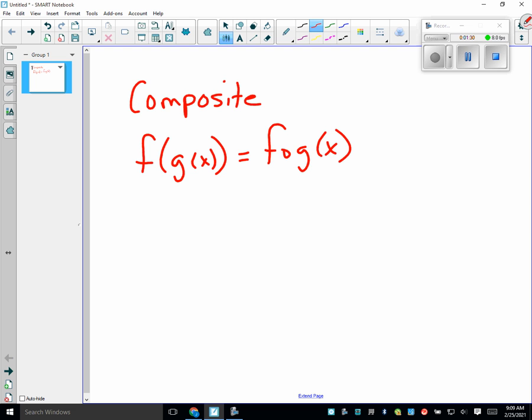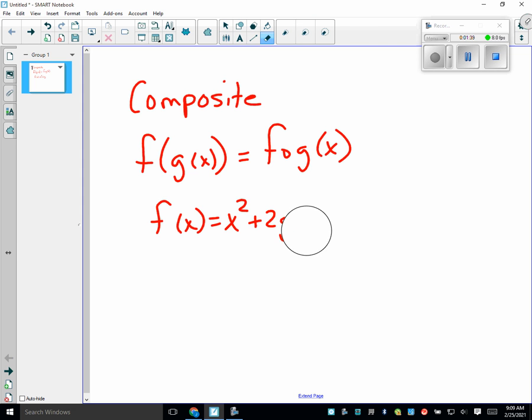If I tell you f of x is x squared plus 2x, and g of x is x minus 4.